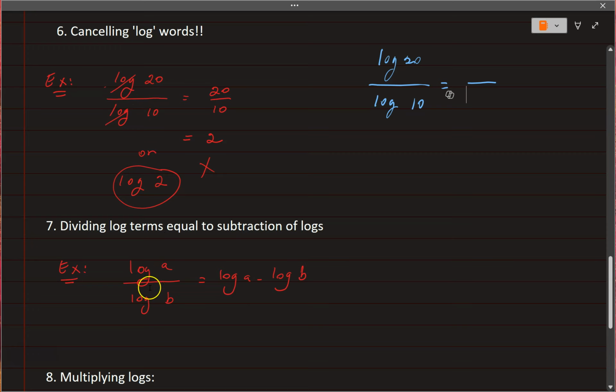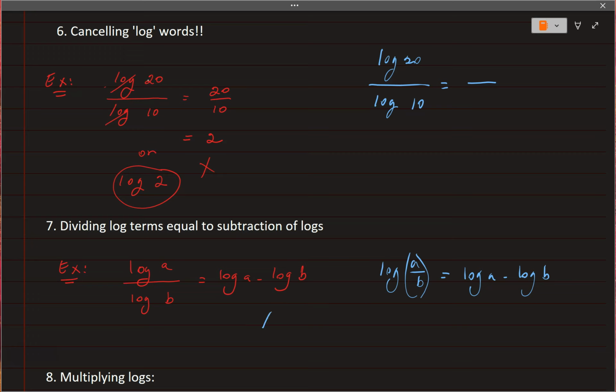So log of A divided by log of B, some students decide to say, well, that's just log of A minus log of B. They forget that the law is log of A divided by B. The argument is being divided, not the entire log, okay? So this is true. This is log of A minus log of B, but not like that. So this is not true, and please do not mix them up.